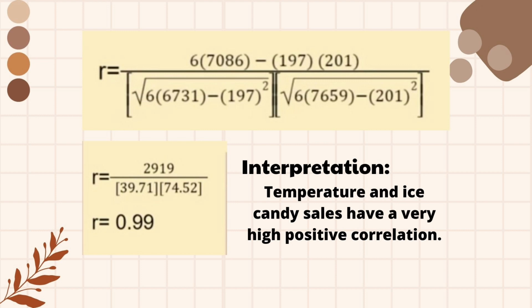Ang lalabas doon ay 0.986. Ang kailangan lang natin ay dalawang decimal. So, ang ilalagay natin ay 0.99. So, ang interpretation nito ay temperature and ice candy sales have a very high positive correlation.